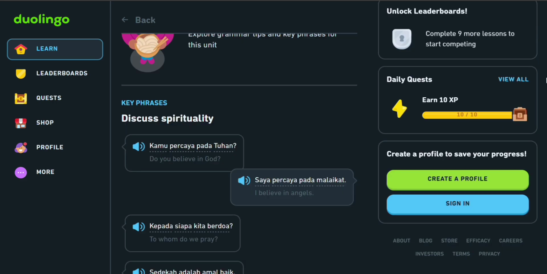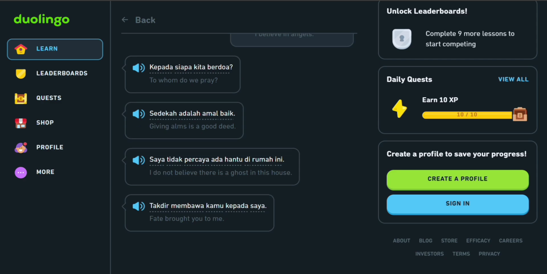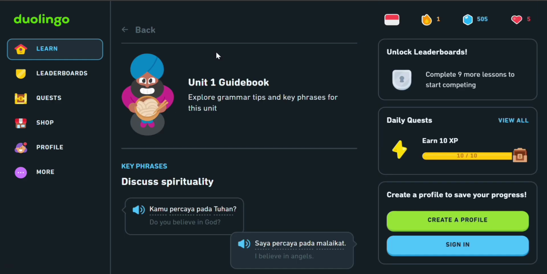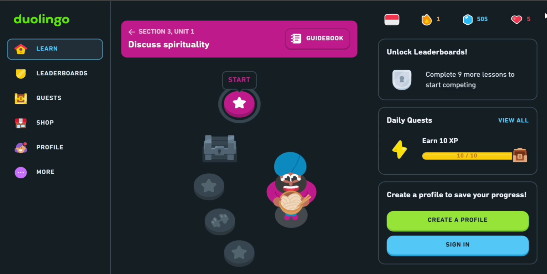There are no tables or back-to-back conversations. It doesn't really explain the grammar or have any other valuable information. Not like the other languages here, because Indonesian is not a language that they give too much resources to.